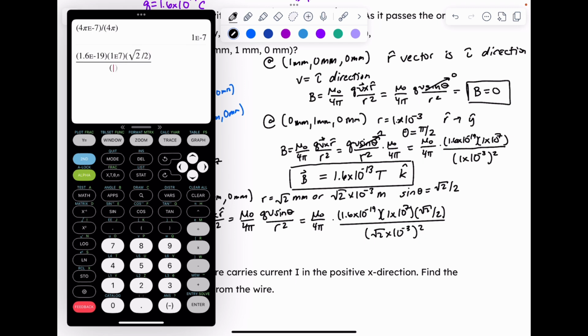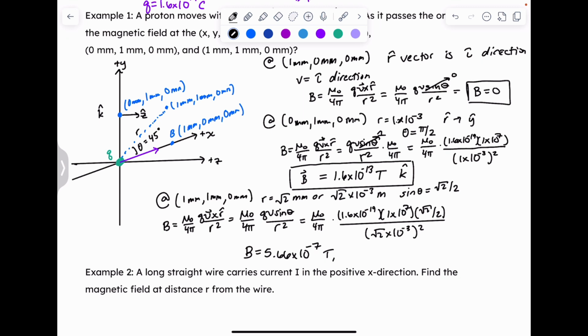And then we have root 2 e negative 3 squared. And that gives us a magnetic field of 5.66 times 10 to the negative 7 Tesla. And then our direction, again, we get from the right-hand rule.